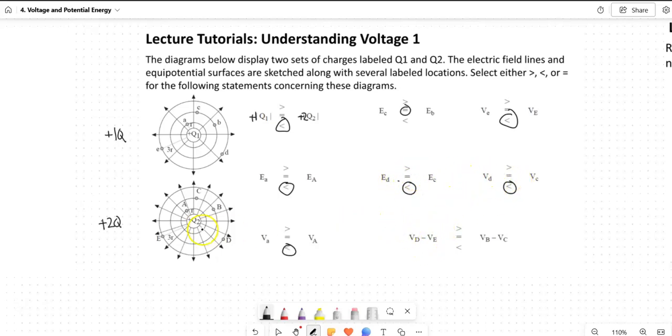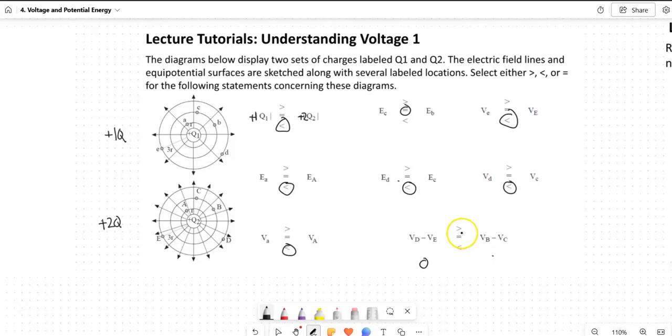And finally, if we look at the voltage difference between D and E, they're on the same line. So the voltage difference between them, if this is positive 20 volts minus positive 20 volts, is just 0. And B and C are on the same voltage line, so that would be positive 50 volts and positive 50 volts.